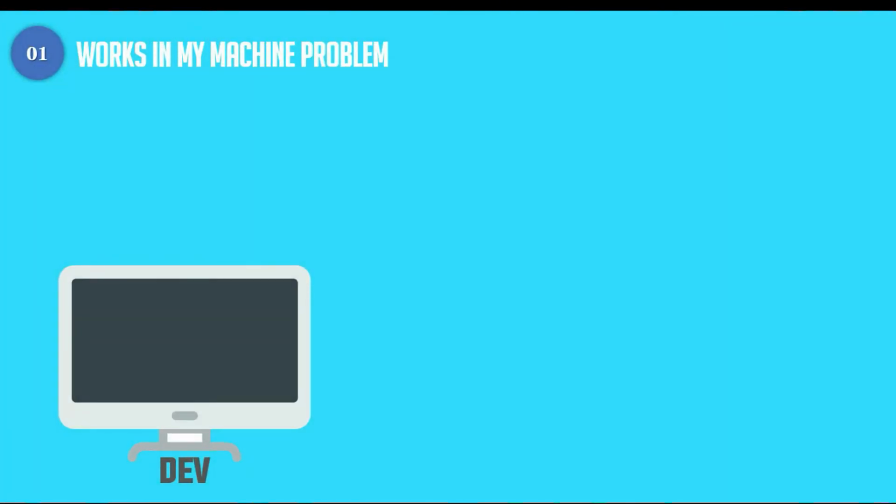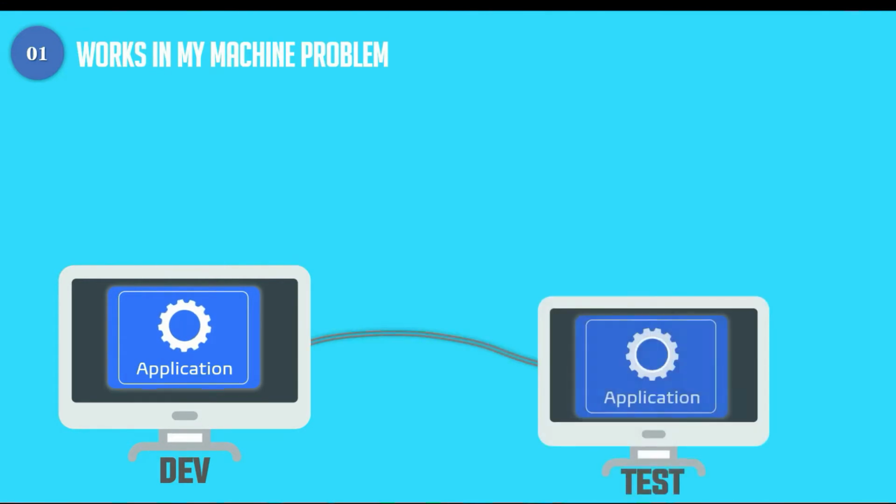So let's say a developer develops an application in this dev system and it runs perfectly in the system where it is developed. Now the developer wants the application to be tested by the tester, so he deploys it to the testing machine. But guess what? The application does not run there. It's the same code base, but still it does not work. Remember the phrase, it works on my machine?